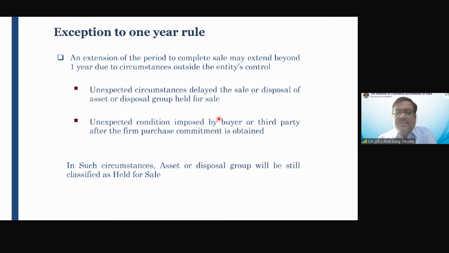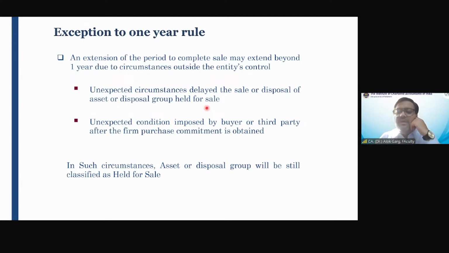Circumstance number 1: unexpected circumstances delayed the sale or disposal of the asset or disposal group held for sale. First of all, the exception to the 1 year rule will apply only when the delay is outside the control of the entity.